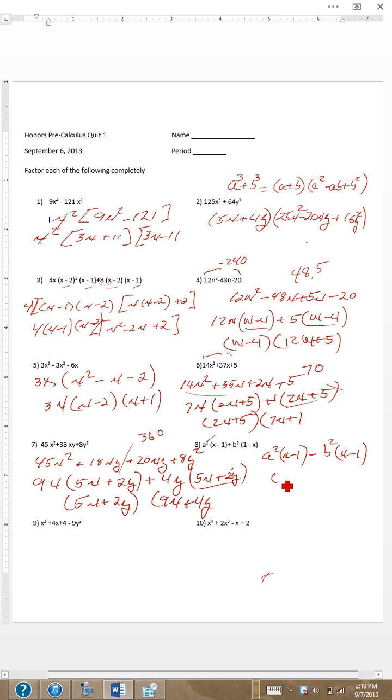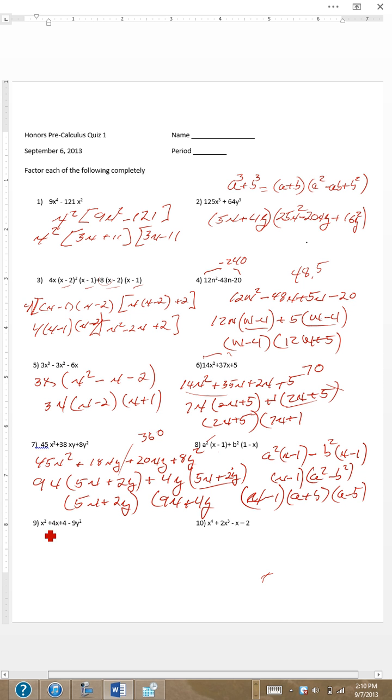The x minus 1 is identified as a common binomial, common to a squared minus b squared. This difference of squares factors again. Bring down the x minus 1, factor a plus b, a minus b. Always group these terms.